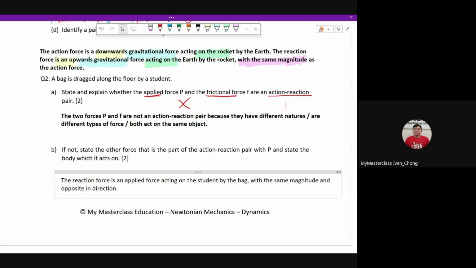So can you see? I have stated the nature of the force. I have stated that now you're acting on different objects, and you have the same magnitude, and now you have different directions. More specifically, it must be opposite directions. So because of this, you can see that we have mentioned all four things, and this is how you score your full marks for Newton's third law. Okay.